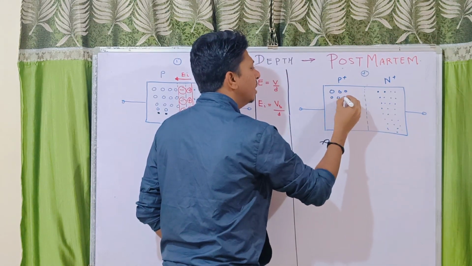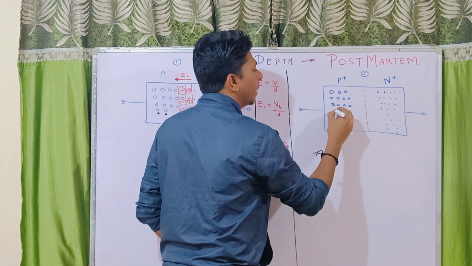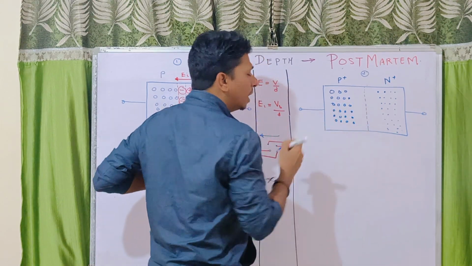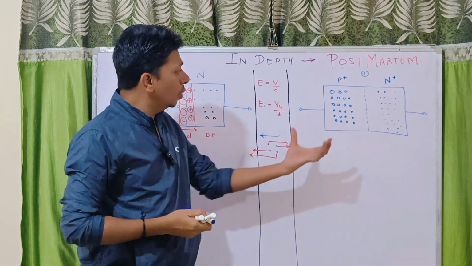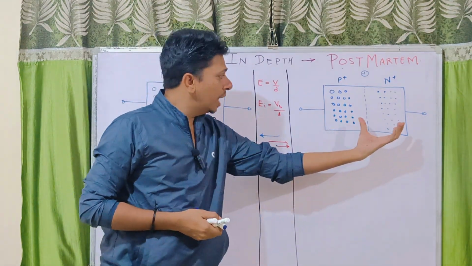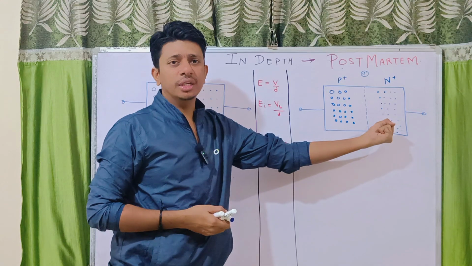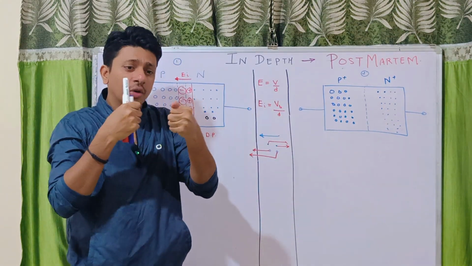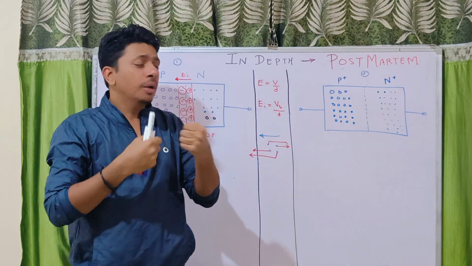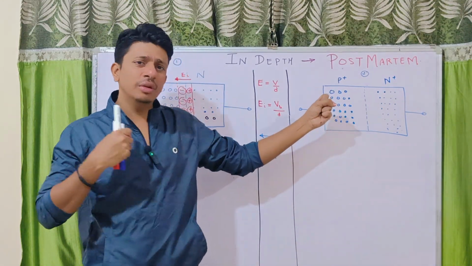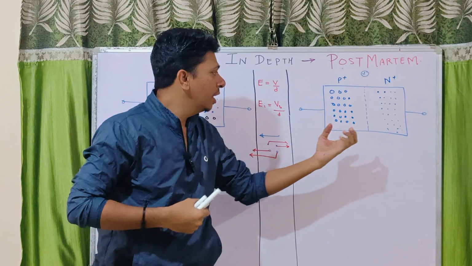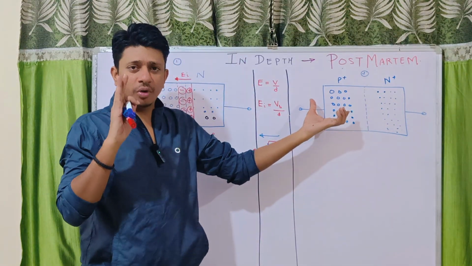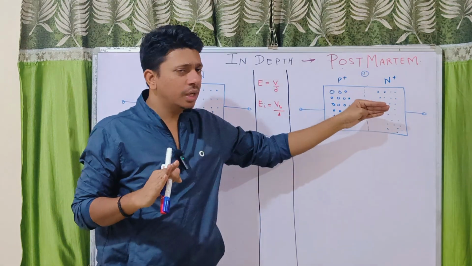There will be a very large amount of holes, and if there is a large amount of holes present over there and a large amount of electrons present over there, they will try to squeeze or come together, because a large number of holes will try to move this side, and a large number of electrons, due to diffusion, because from large carrier concentration it will move to lower concentration.